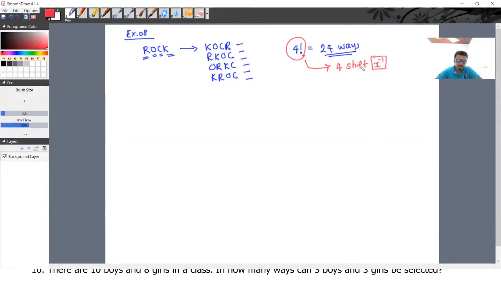Once you press shift and then X to the power minus 1, you should get the factorial sign. Press equal, you should get 24. That is how we take factorial values using the calculator. Here in this case, it should be 24.